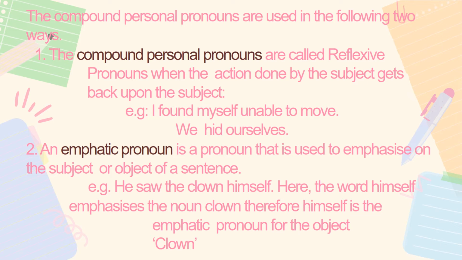The next one is emphatic pronoun. An emphatic pronoun is a pronoun that is used to emphasize the subject or object of a sentence. For example, he saw the clown himself.